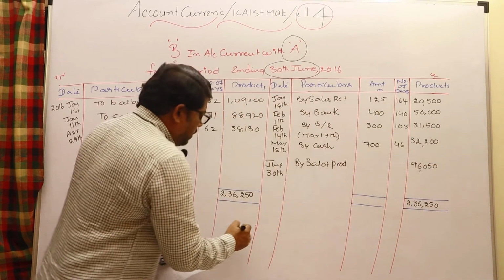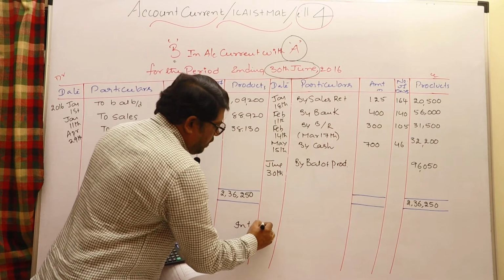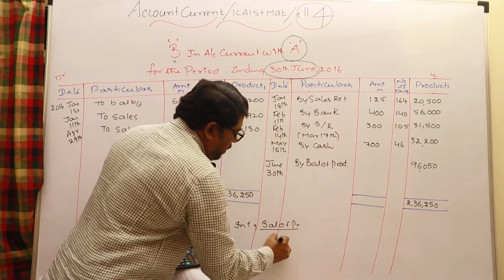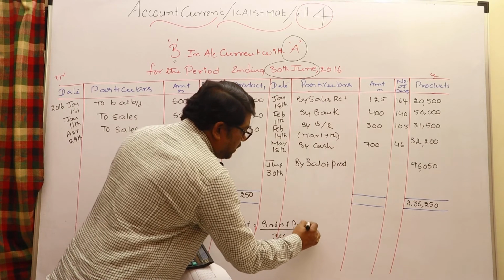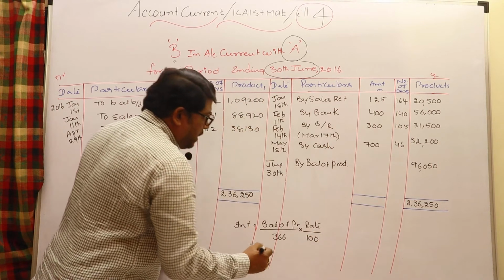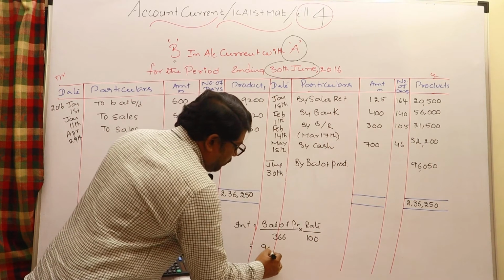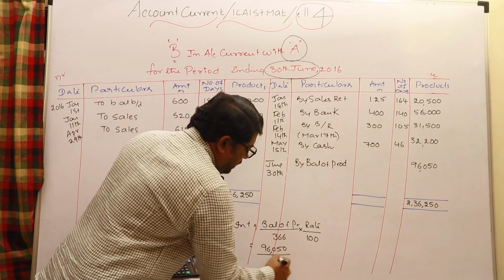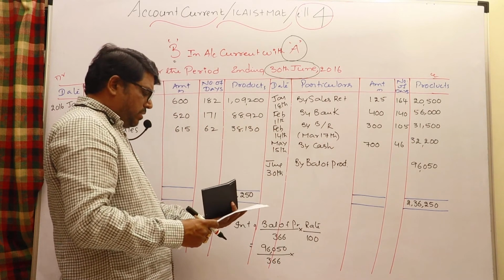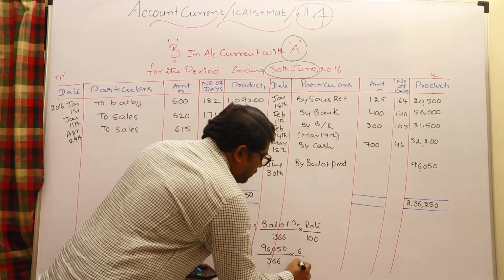Let us calculate the interest, which is equal to balance of products by 365. Here 366, because it is a leap year, you may take 366, times rate by 100. So 96,050 by 366 into the rate given here, 6 by 100.